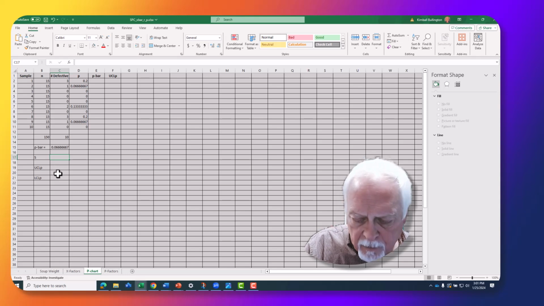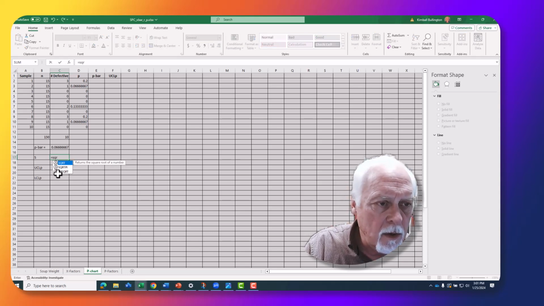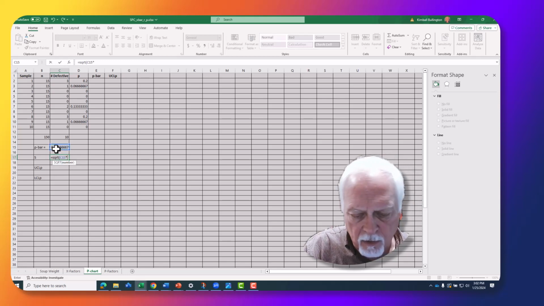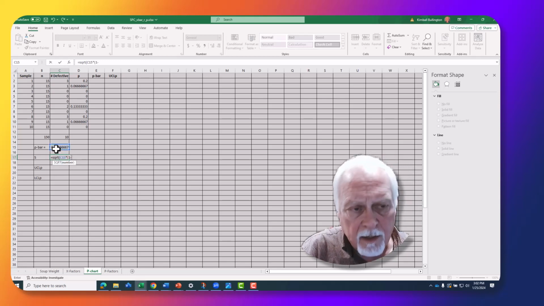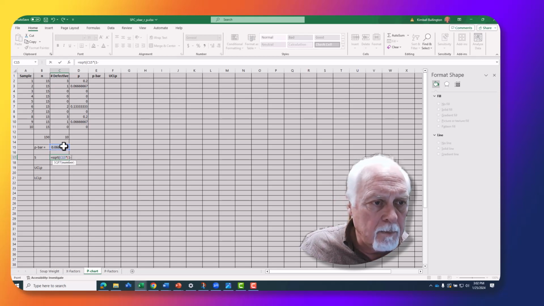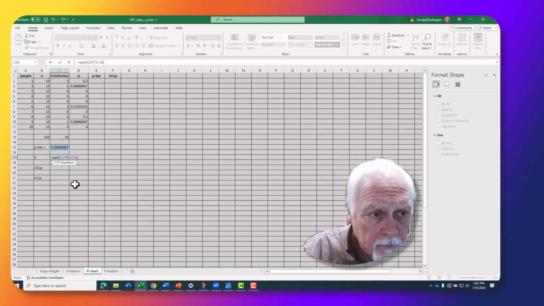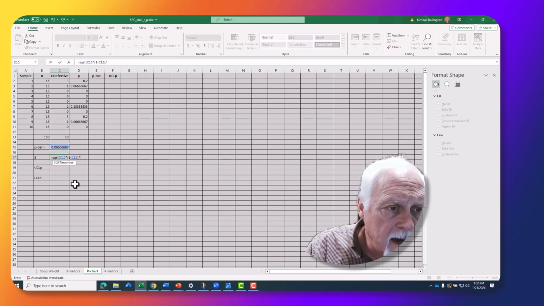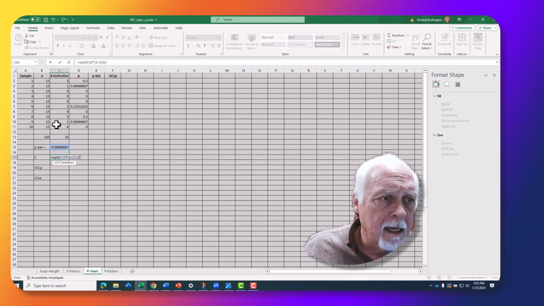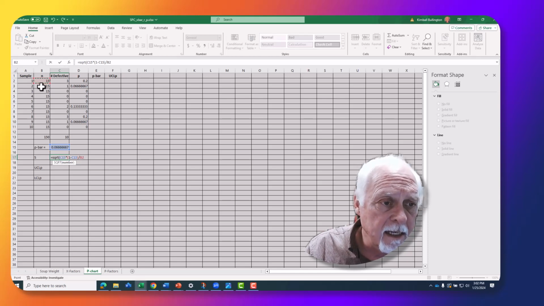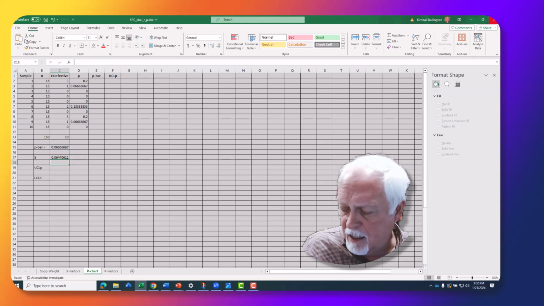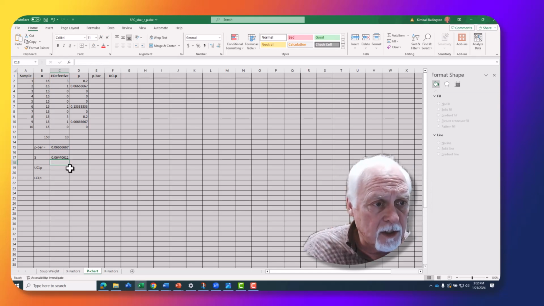Our S is equal to the square root of P bar times 1 minus P bar divided by, and we could put any one of these cells to give us N, divided by N. And then we close that, and that's our standard deviation.